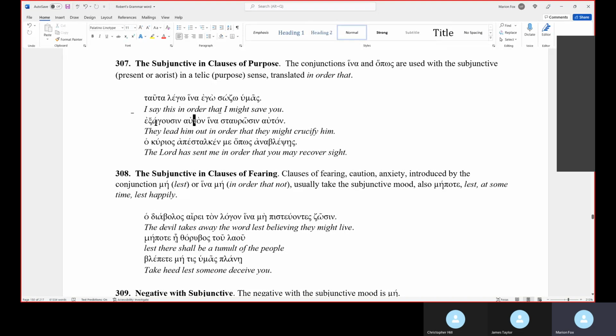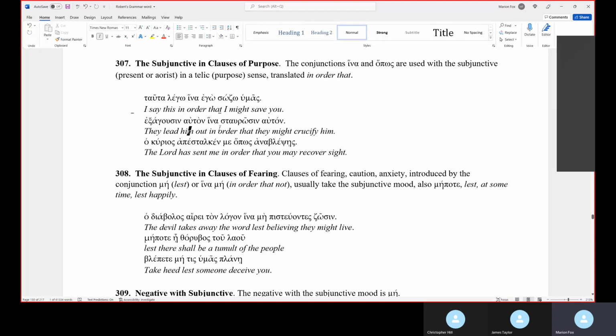The out comes from ek. So this out comes from this ek. And they lead is this right here with the movable nu. They lead. And then out, of course, comes from this, and the him comes from this, auton.